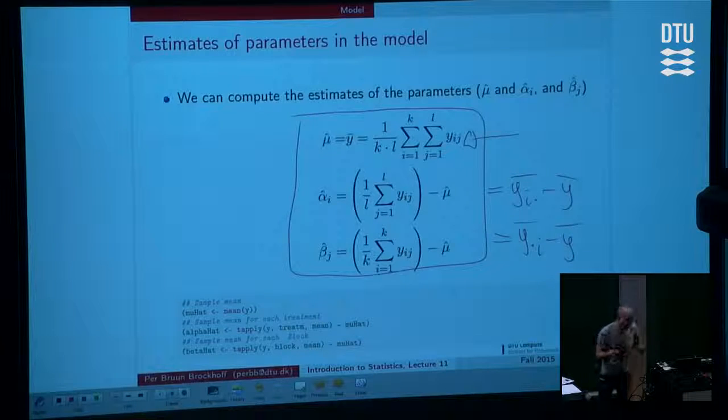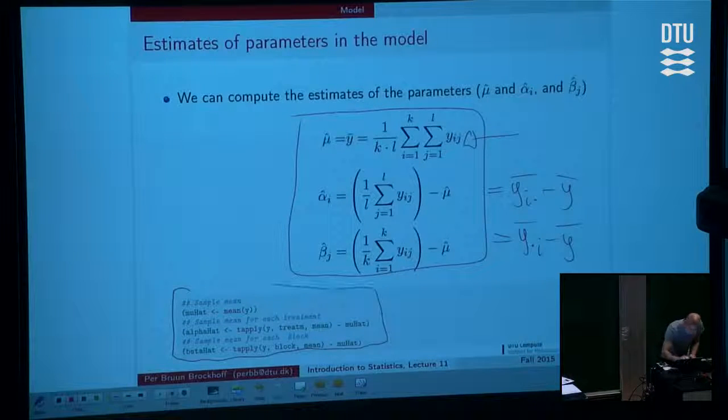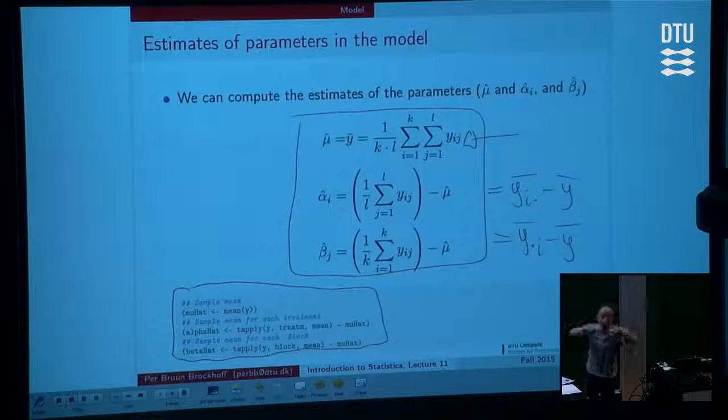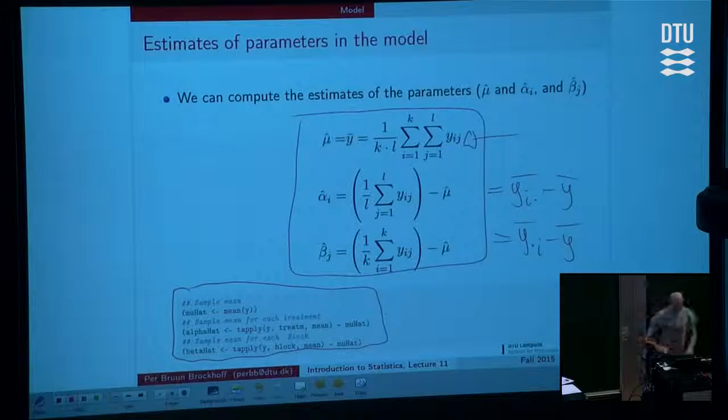So that is just looking at the means and how they are different, right? And here, let's not go into R, but this is just to show that, of course, we could compute such means manually by hand, by, for instance, using just the mean on all of it, or then this tapply where I get means by treatment or means by block, right? That's just what I showed here.